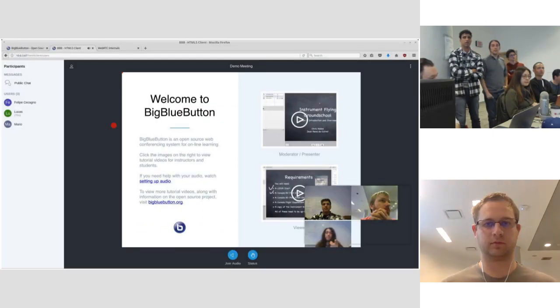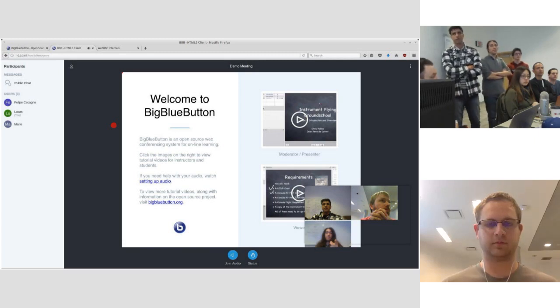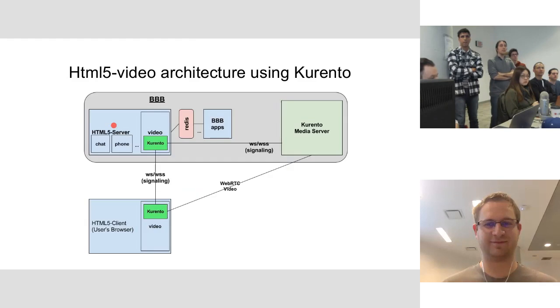We could use the H.264 stream and receive it from Red5, receive it in Kurento. We already tried that and it works, but we haven't released that yet. It's not ready yet, but this is a possibility.